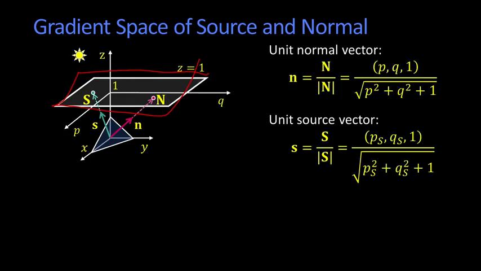So when I write that, I get the following, right? Remember we said that our unit vector n is just p, q, 1 divided by the square root of p squared plus q squared plus 1, and likewise the unit vector in the direction of the source is just ps, qs, 1 divided by its magnitude. All right? So far, so good. So we have an algebraic representation of both of those normals. So let's suppose for a moment we have a Lambertian surface.